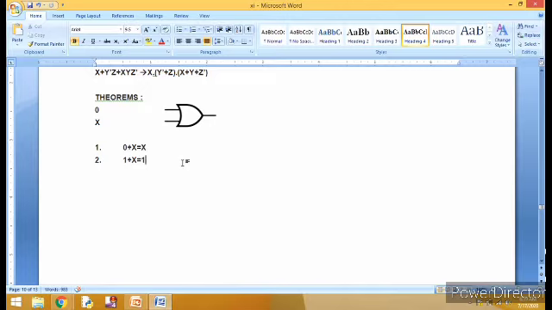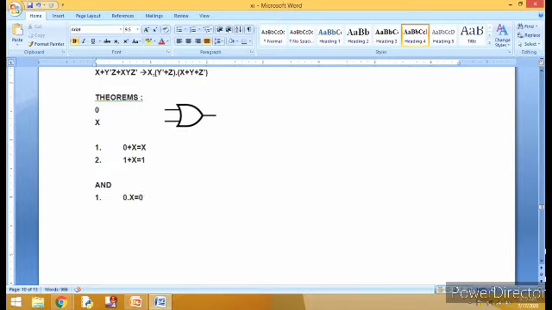Similarly, if we talk about the AND, the same thing will be applied. 0 into x, what will you be having? 0. You will get the value 0.